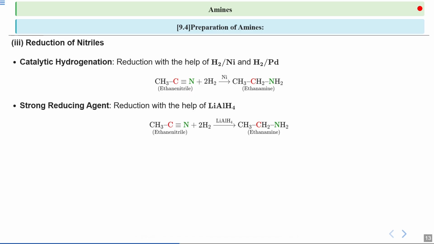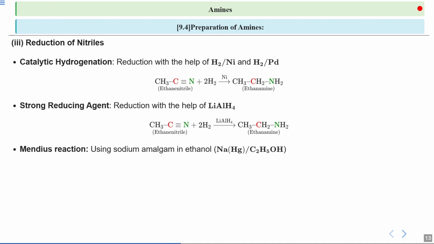When it is reacted with LiAlH4, you will see it will give ethanamine. So again, ethanenitrile is converted to ethanamine. And here we have used LiAlH4 that provides the hydrogen which is needed to break the triple bond and form an amine.